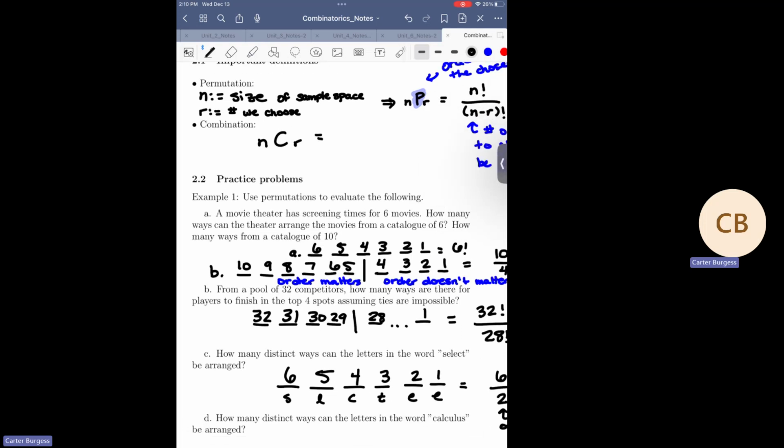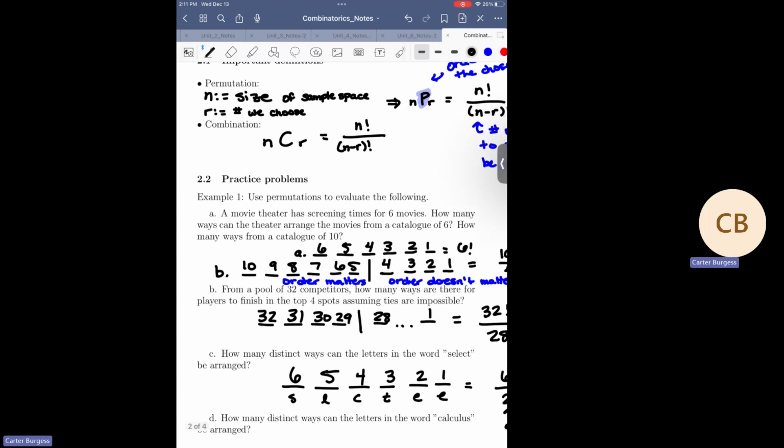Just like with our permutation, we start with our unmodified n, I have this many slots to fill. Just like our permutation, we don't care about the order of those not being chosen. Unlike a permutation, we also don't care about the order of those being chosen. So in addition to dividing by n minus r factorial, we are also going to divide by r factorial.